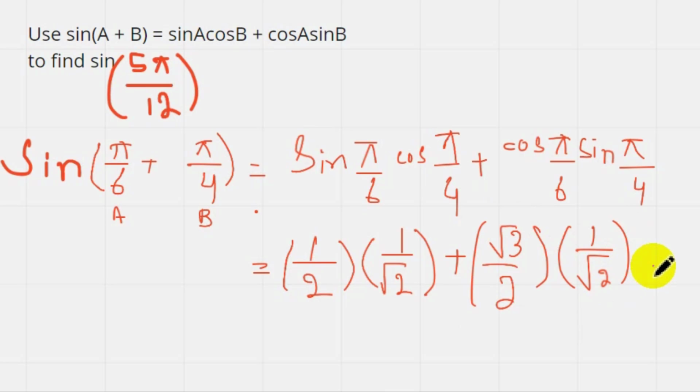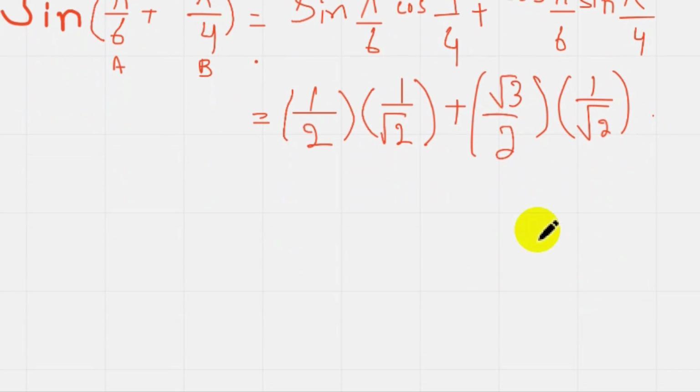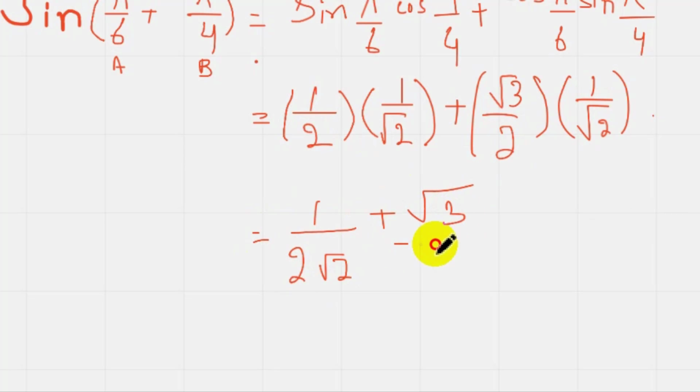Okay, now let's multiply them. 2 times square root of 2 is 2 into square root of 2, then plus square root of 3 times 1 is square root of 3, and over 2 times square root of 2 is 2 into square root of 2.